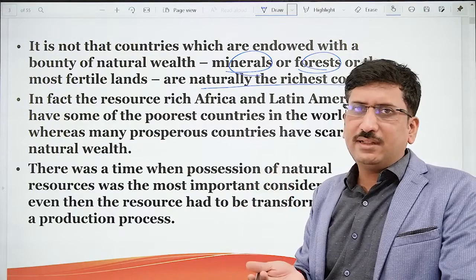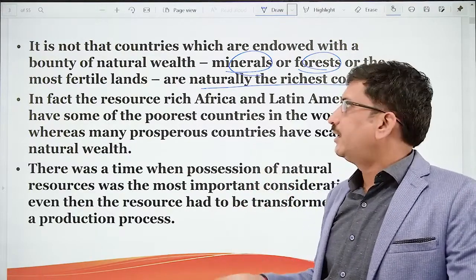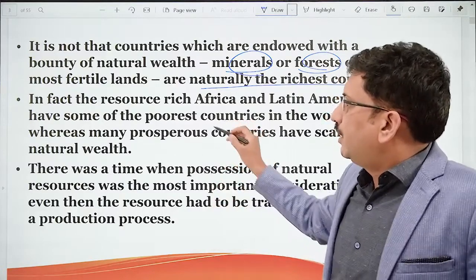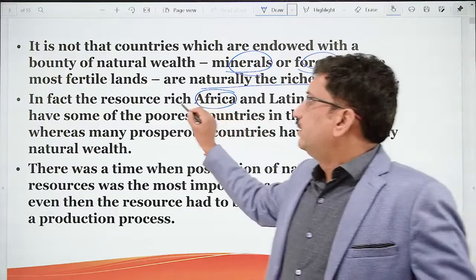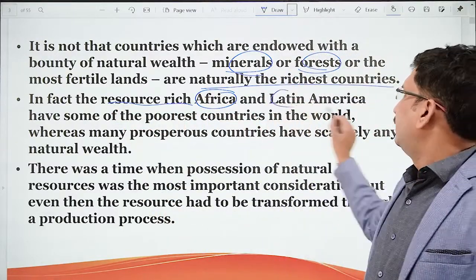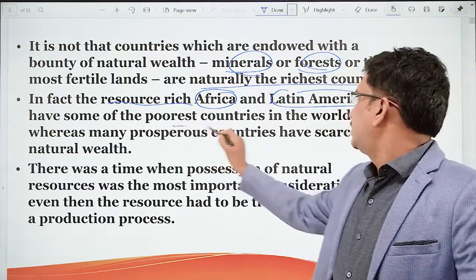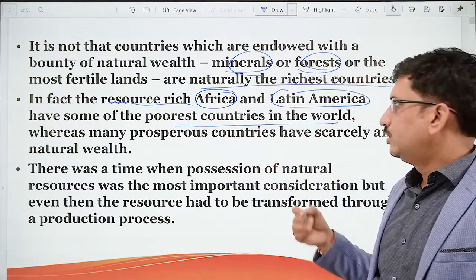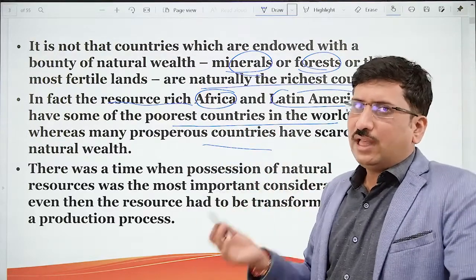There are some countries which don't have any resources, still they are rich. For example, take Africa. It has a lot of resources, right? Even Latin America.